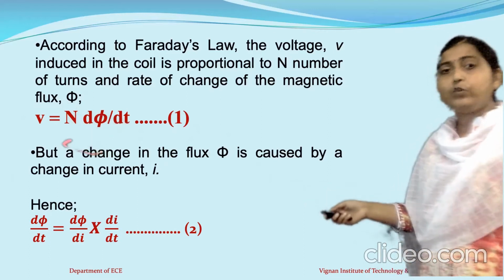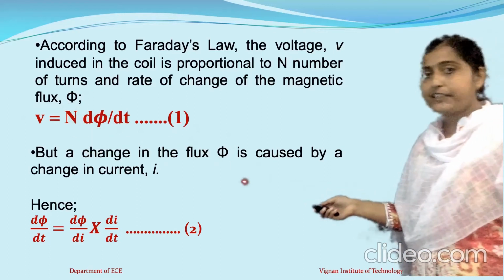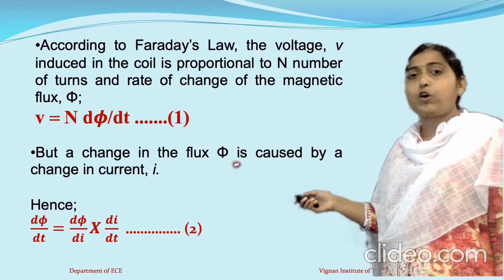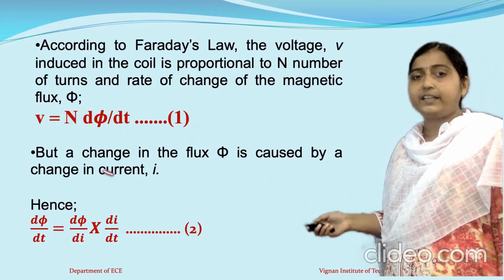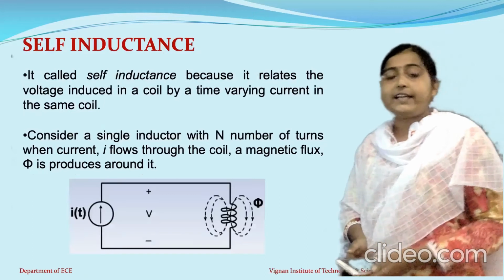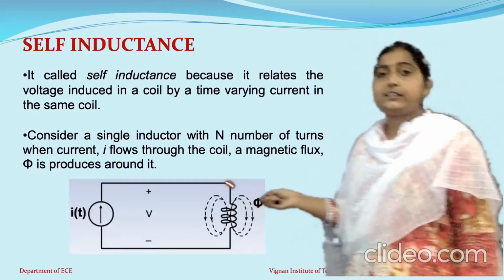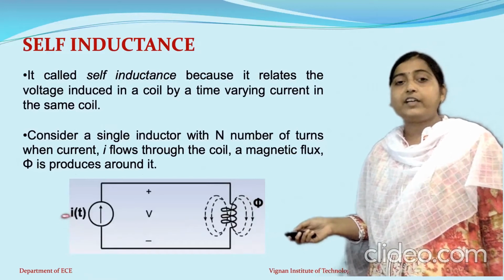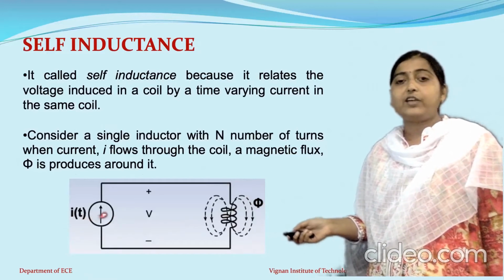So this induced voltage across an inductor is given by N into d phi by dt. But we know that the change in the flux phi is caused by the change in the current I, as we have seen in the previous slide, because the change in this flux phi is because of the applied current which is flowing through the circuit, that is I of t.